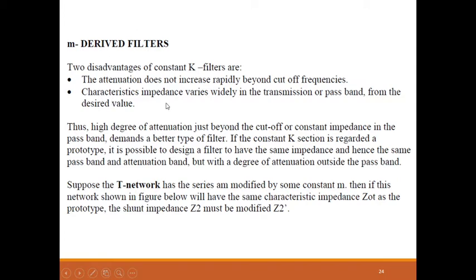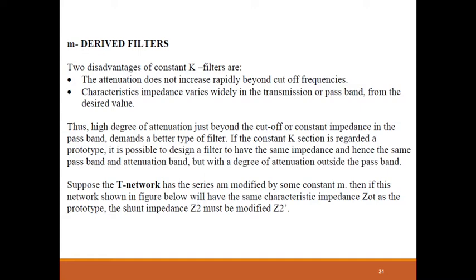Then the characteristic impedance, that is Z0, varies widely in the transmission or pass band from the desired value. Due to this drawback, we need to find some new filters, that is the M derived filters.